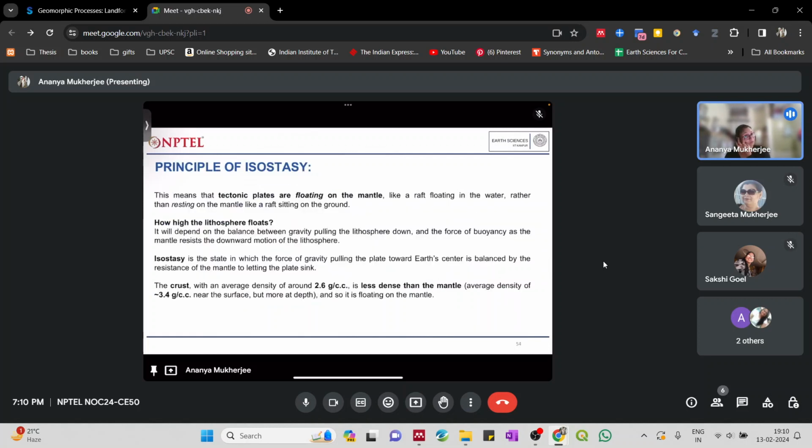So now how are these continents, or these plates, managing to float on the asthenosphere as well as move? Now we see that the densities and the thickness of the crustal material are varying.